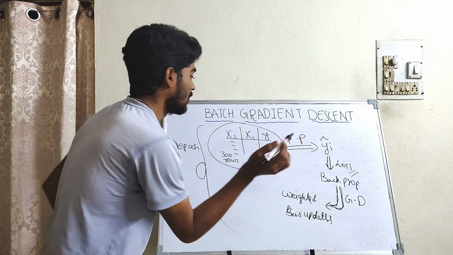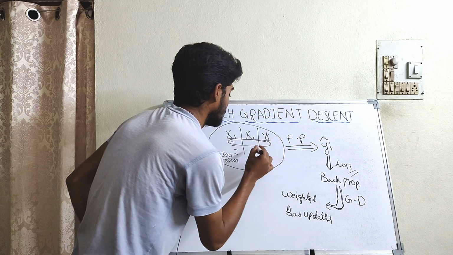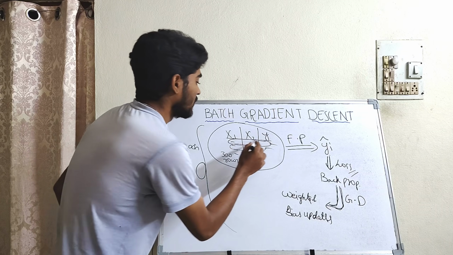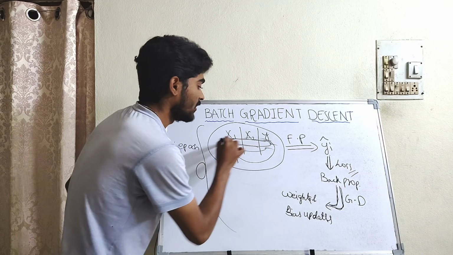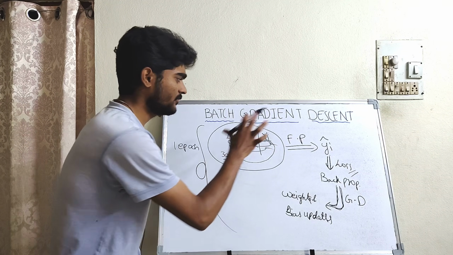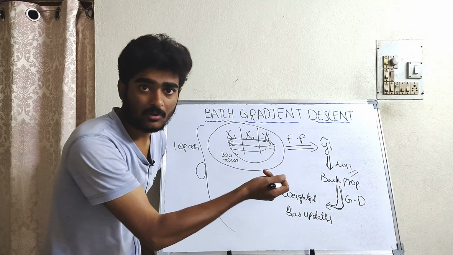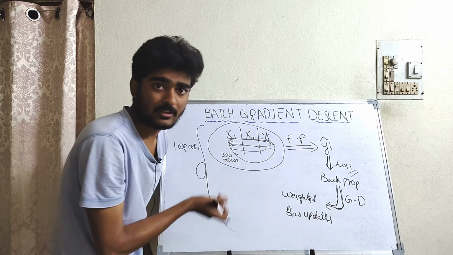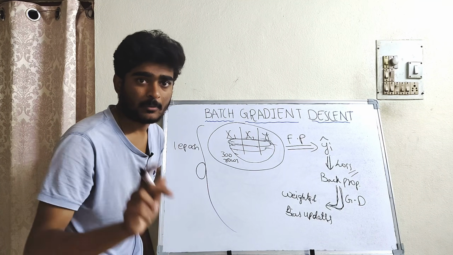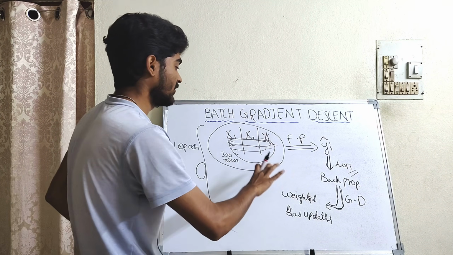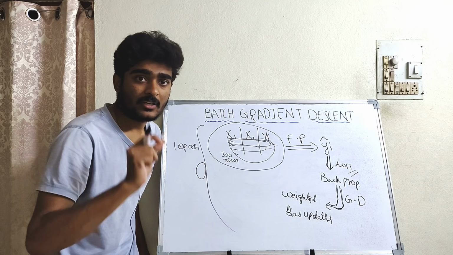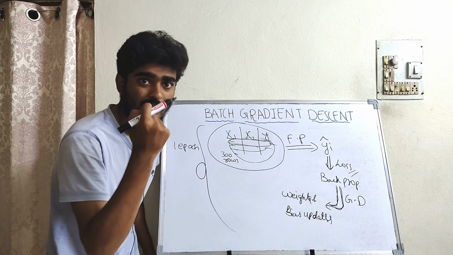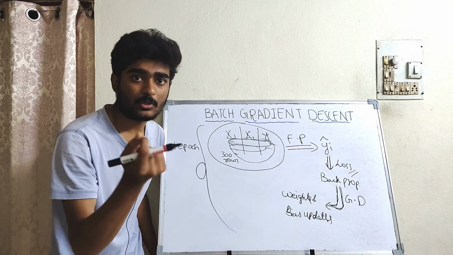It's not like you take your first row and update once, then the second row and update once. You take your entire data, determine the overall loss, apply the gradient descent algorithm, and update the weights and bias parameters a single time. This entire process is done in one epoch, so for one epoch we do a single update.